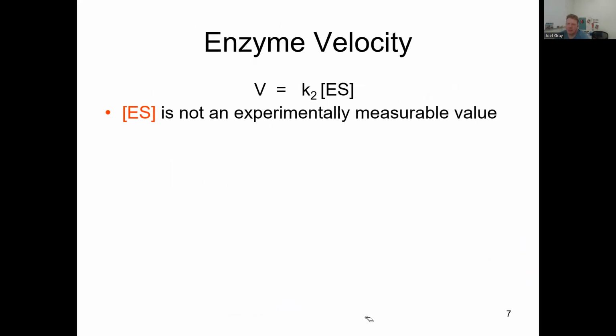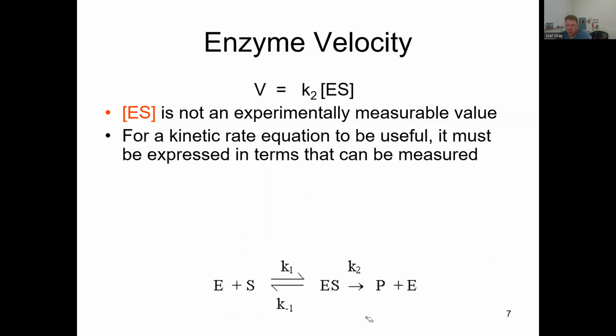The tricky thing about this enzyme substrate complex is this is not something that's experimentally measurable. For a kinetic rate equation to be useful, you must express it in terms that can actually be measured. So the velocity of our product formation is equal to our rate constant times our enzyme substrate complex formation.